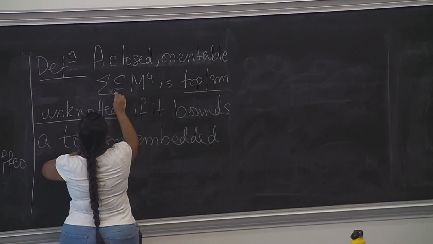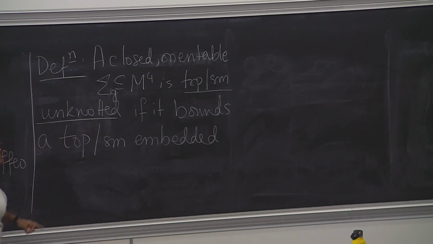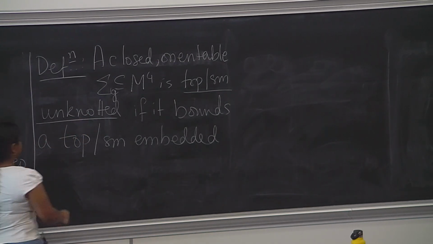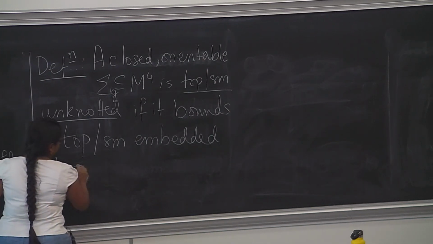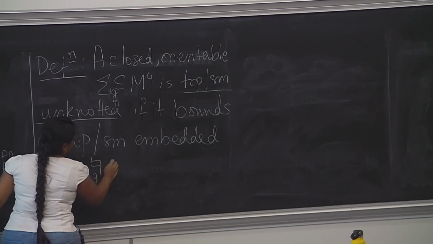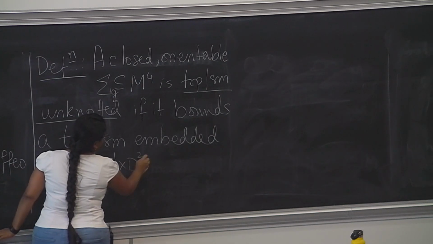So if your closed orientable surface had genus g, this needs to bound an embedded handlebody H_g, by which I mean the boundary connected sum of g copies of S1 cross D2.